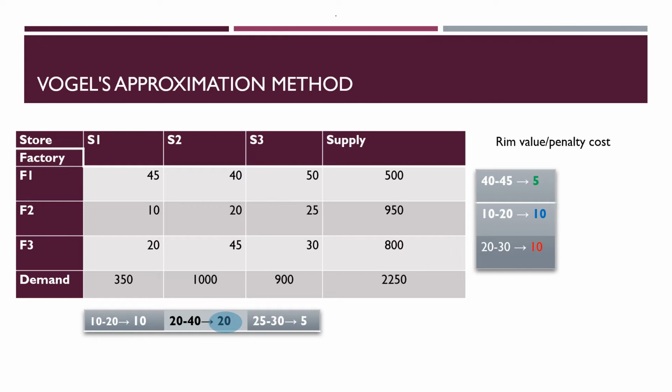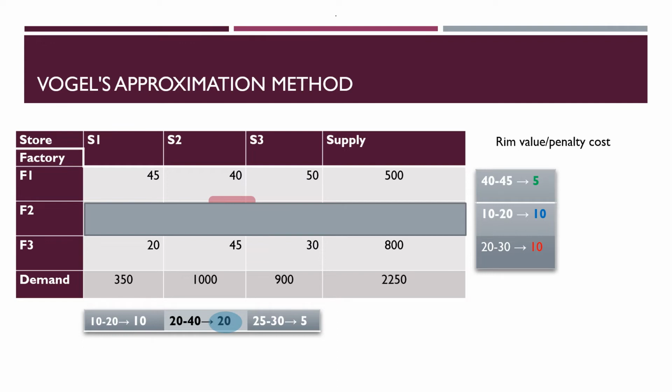Even though S2 needs 1000 units, F2 can only supply 950 units. Therefore, we are going to allocate 950 to this lowest cost cell. Then when we allocate 950, all the supply condition of F2 is satisfied. Therefore, we cannot allocate any more from F2.